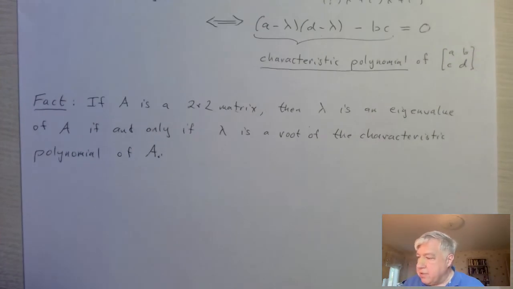Now, one little thing: what happens if lambda is a complex root? If lambda is a complex number but not a real number, then the eigenvectors will not be real. We don't want to do a whole lot with complex numbers in this course, at least not right now.